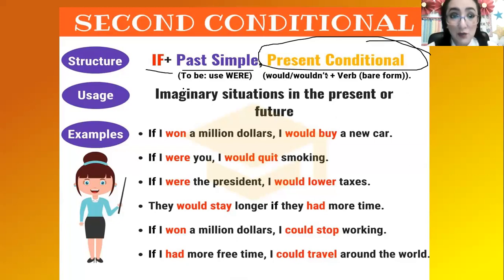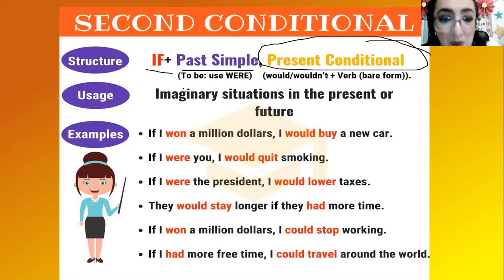Remember that we are going to be making use of our second conditional when we are talking about an imaginary situation in the present or in the future. For example, if I won $1 million, I will buy a new car. I'm imagining, okay? If I won $1 million, I will buy a new car.